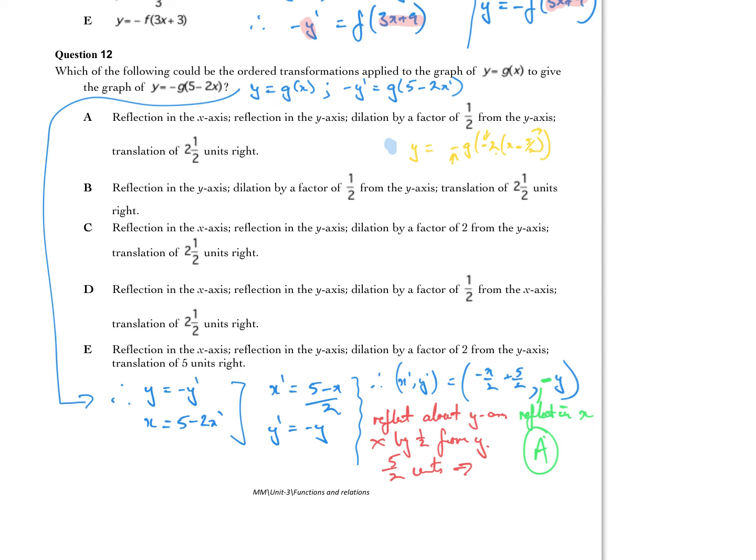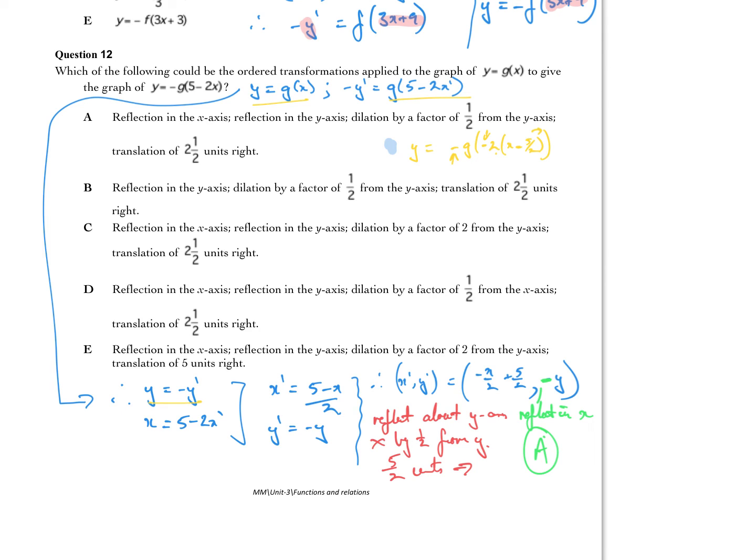All right, so you can pick it up from that, but what I decided to do, if we come down here, is rewrite the two equations so that y equals g of x and then -y' equals g of (5 minus 2x'), and then equate the two expressions.